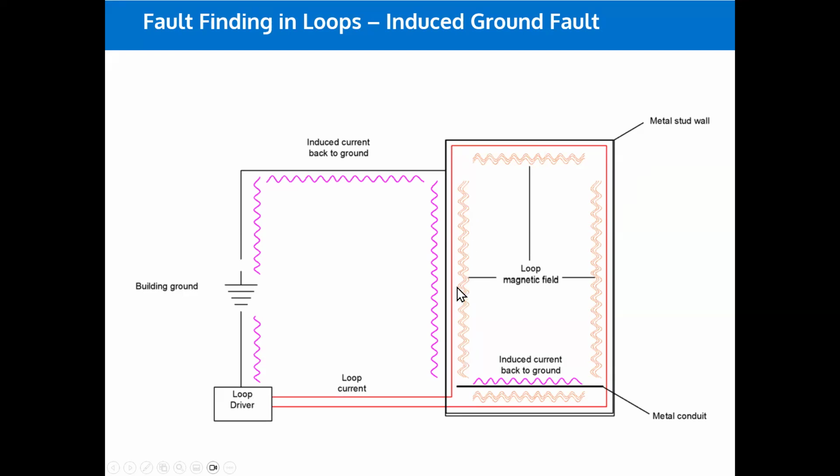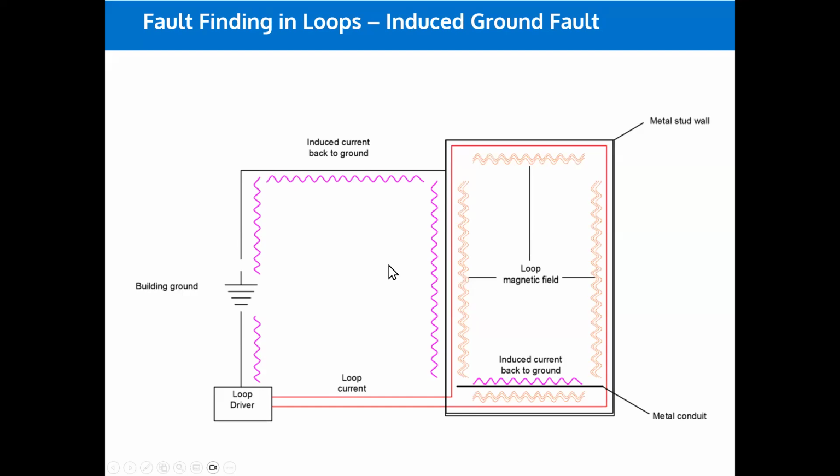This strong signal is inducing a weaker signal in the metalwork within the building, and that is then feeding back to the building ground, which, because your loop driver is connected to ground as well, is feeding back to the driver. So you can see how you're creating this kind of closed feedback loop.